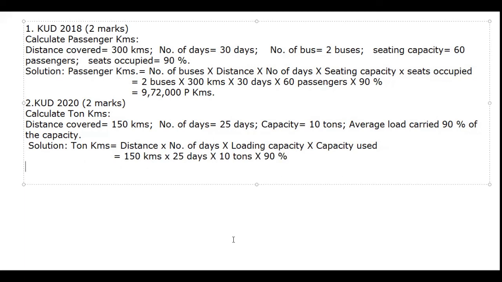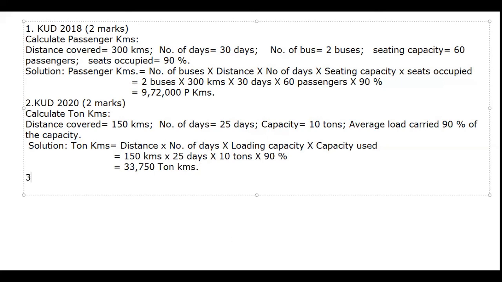So when we multiply all these items, it comes to 33,750 ton kilometers. It's very easy. Only thing is that you have to remember the formulas.